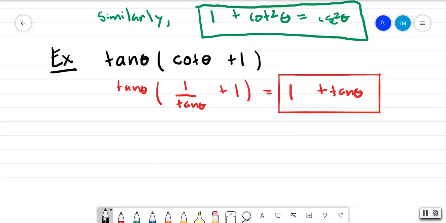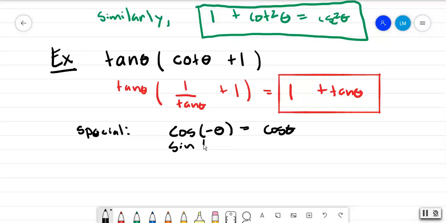Now, other identities that you might use in this chapter, and especially in 5.2 and so on, is this characteristic. I'll just call this a special identity. For instance, if I have cosine of negative theta, this is the same thing as cosine of theta.